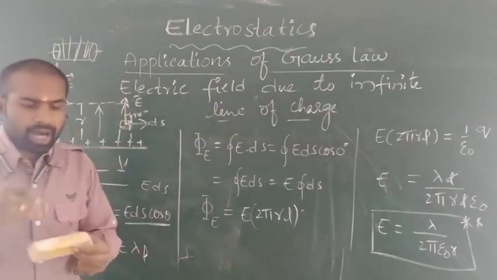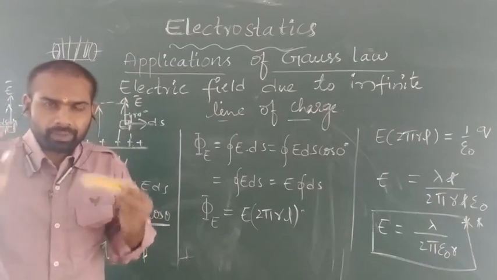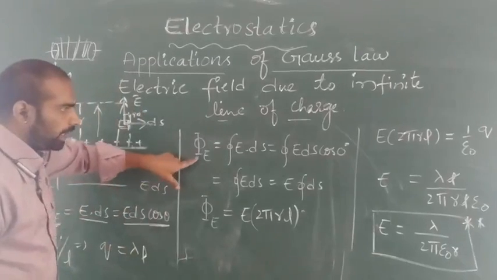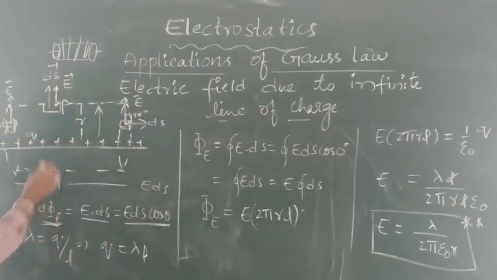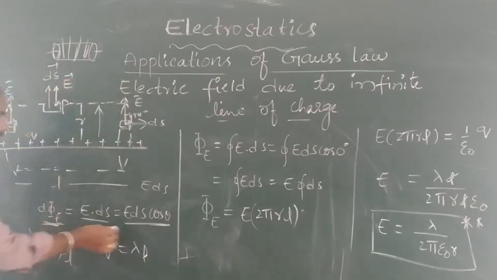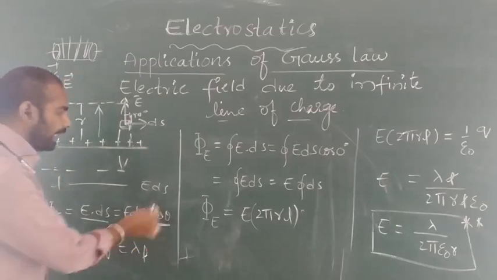The flux passing through the curved surface area is not equal to 0. For the small element, d phi is E ds cos 0, that is E ds.